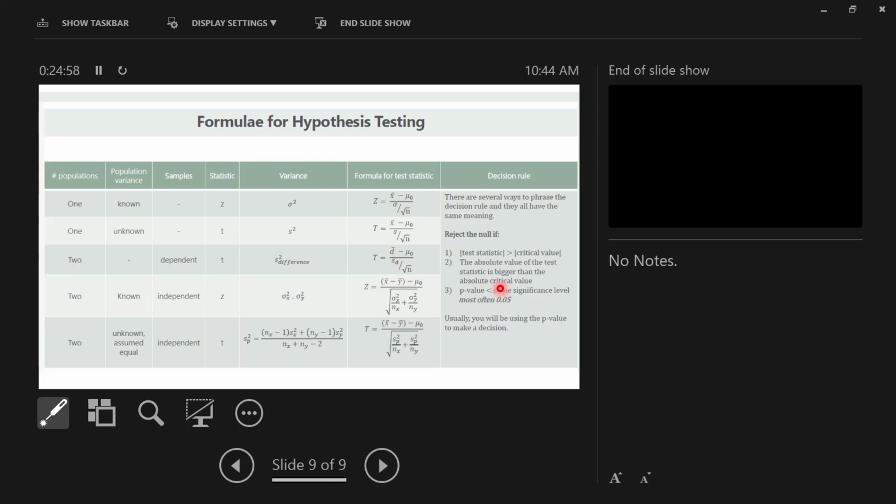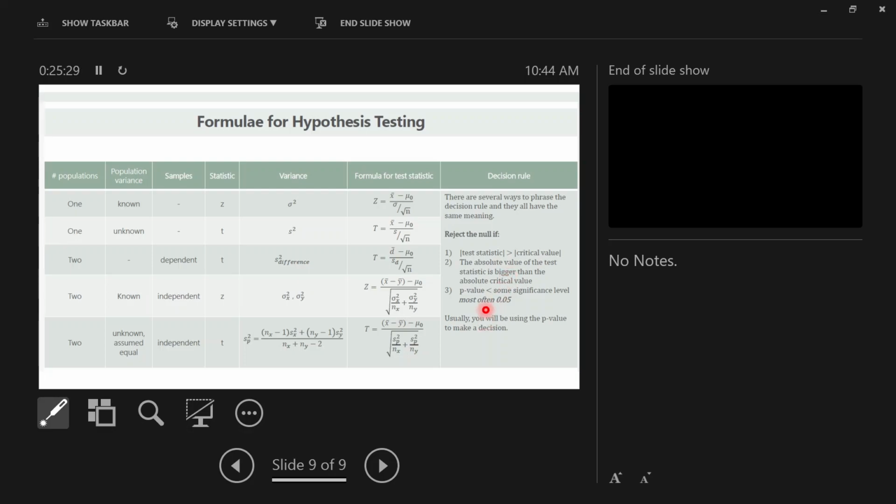Like if the absolute value of the test statistic, if you calculate and find that this value that you get here, wherever I'm highlighting, is bigger than the absolute critical value, before we read from the Z table, that's the absolute critical value, you reject the null hypothesis.